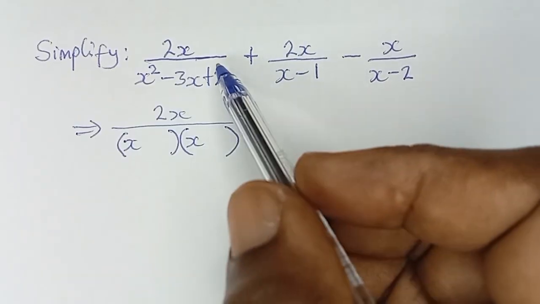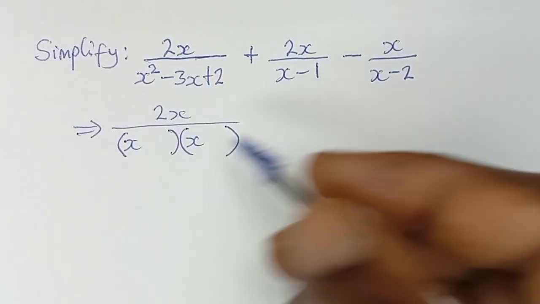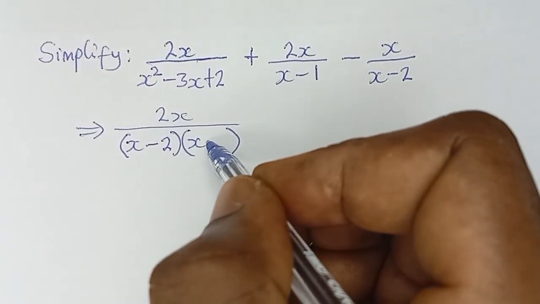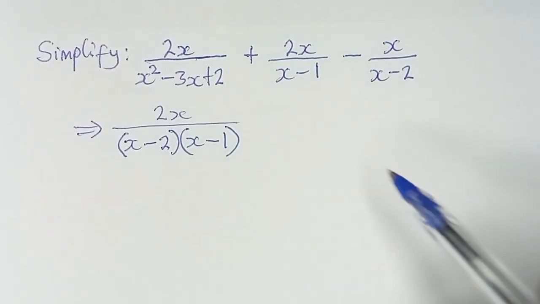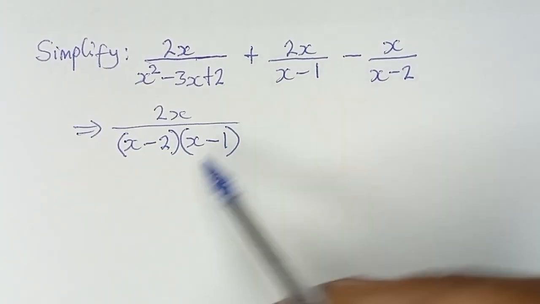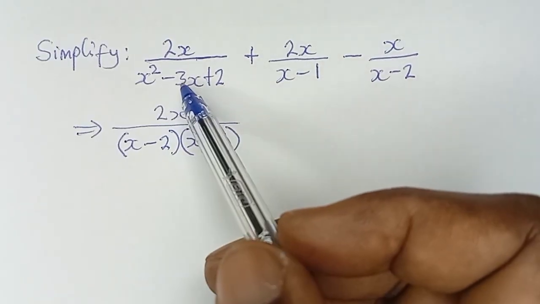Those two numbers are negative 2 and negative 1. Negative 2 multiplied by negative 1 gives positive 2, and negative 2 added to negative 1 gives negative 3.